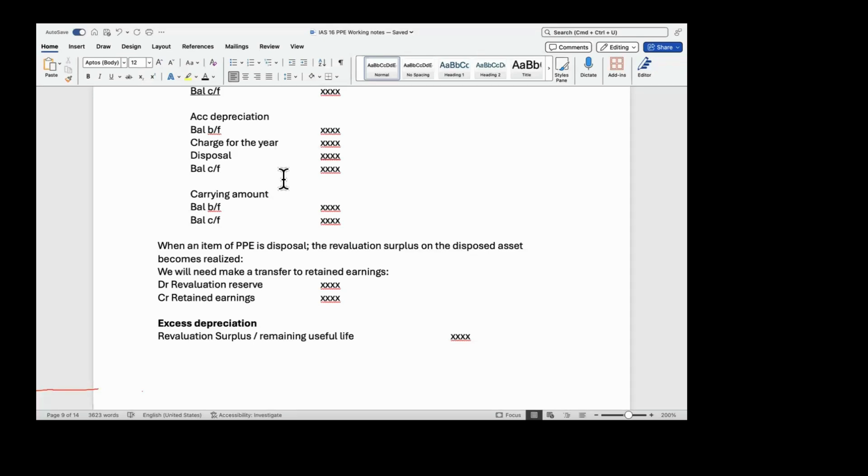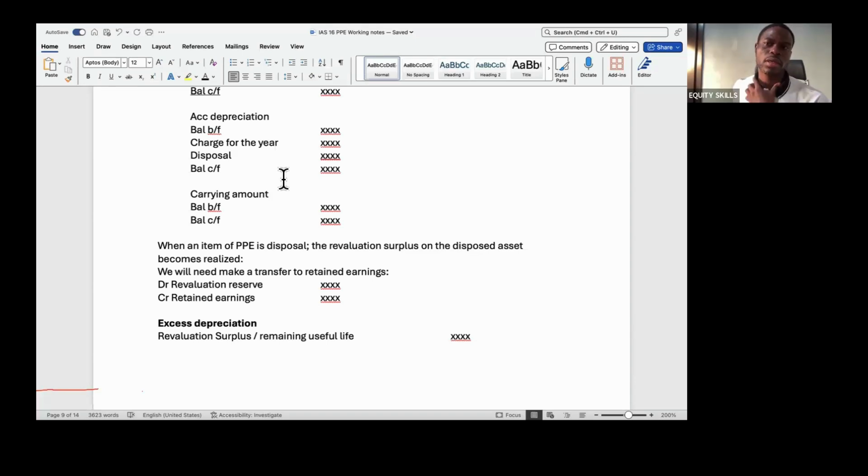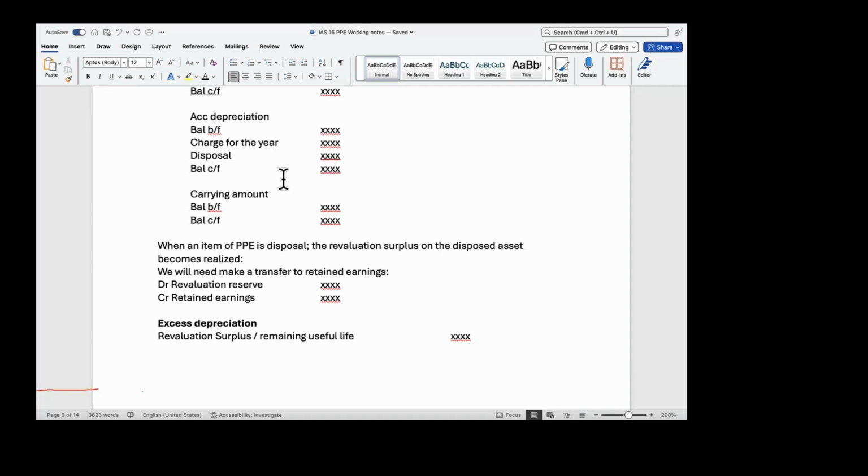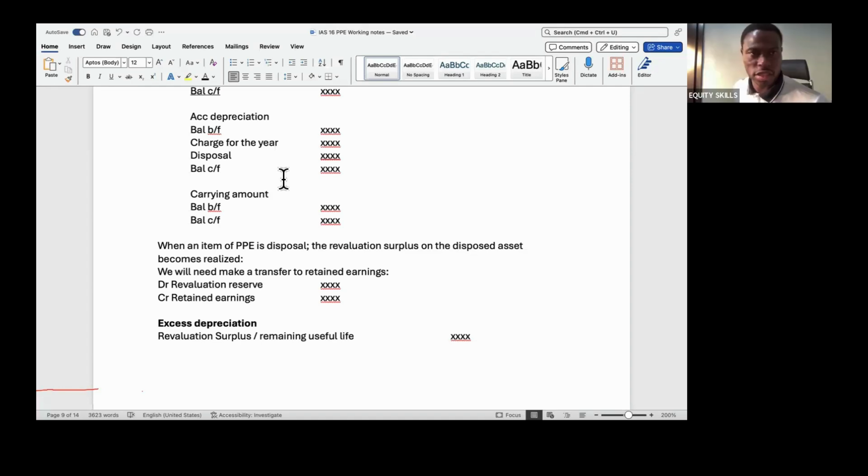So if it's going to retained earnings, I feel it should go to profit or loss account. Why? Because for the assets where they did not do revaluation that we mentioned earlier, the gain would go to profit or loss account. Fantastic. Good reasoning. So two things. Number one, IAS 1 and IAS 16 specifically mentioned that we should take it to retained earnings to avoid unnecessary issues.